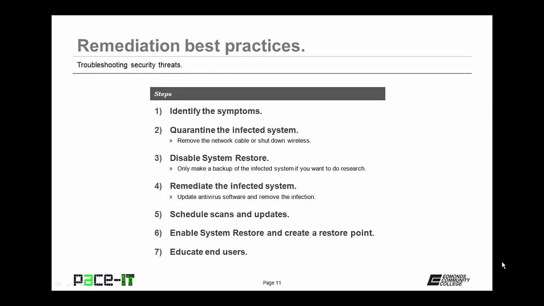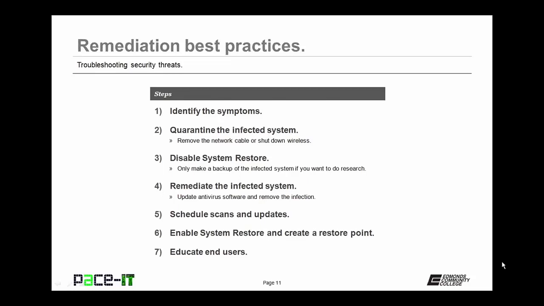At this point, you should disable your system restore. That way you're not creating a restore point that has the infestation. Now you can remediate the infected system. Update your antivirus software, remove the infection, and get things running back to the way they should. Now you should reschedule your scans and your updates.